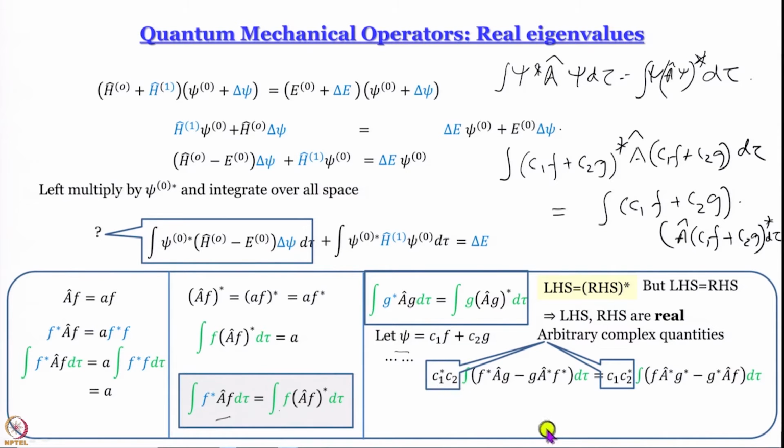So, the general solution is that these integrals on the two sides must be equal to 0. Integral f star a hat g minus g a hat star f star d tau must be equal to 0. Similarly, integral f multiplied by a hat star g star minus g star a hat f d tau is also equal to 0.